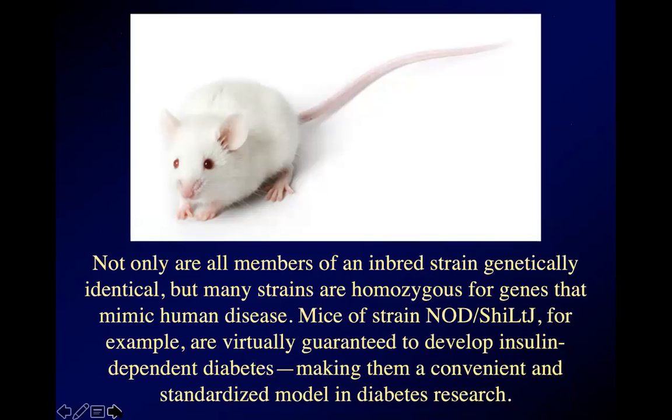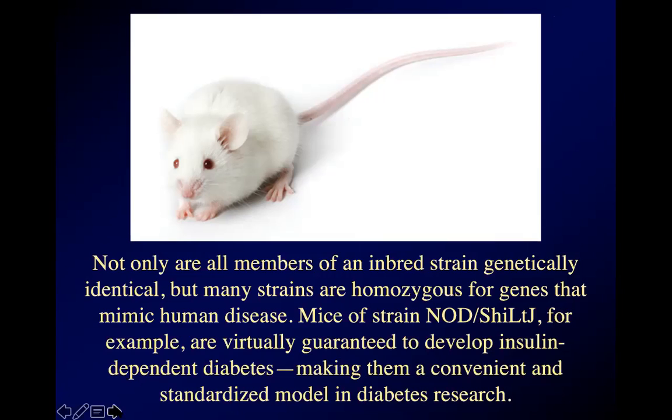This particular mouse of strain NOD-SHILTJ, I don't know how you'd even pronounce that, but mice of that strain are virtually guaranteed that if you feed them a certain diet, they will develop insulin-dependent diabetes.